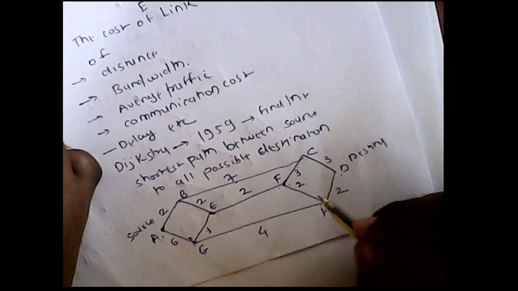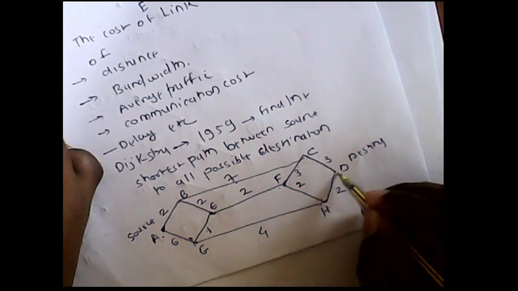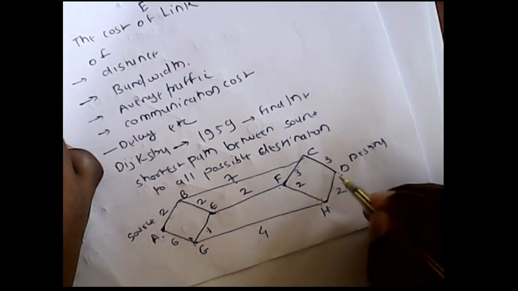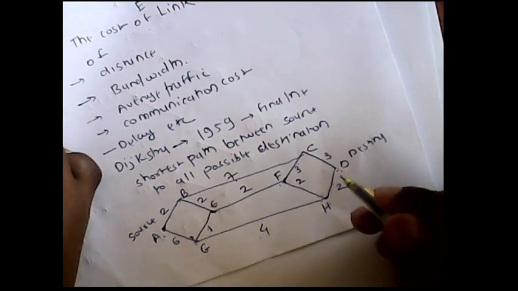Again, to find the next permanent node, which has less cost from these two adjacent nodes, when we observe this graph, there are the two nodes. One is H to E, F, and the final destination is D. So it comes out to 10.